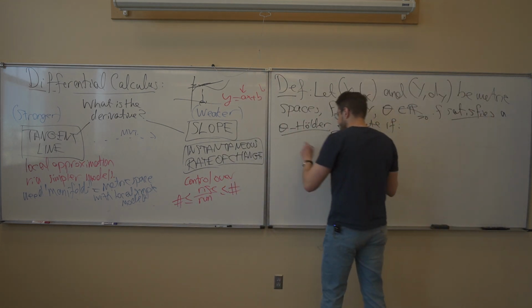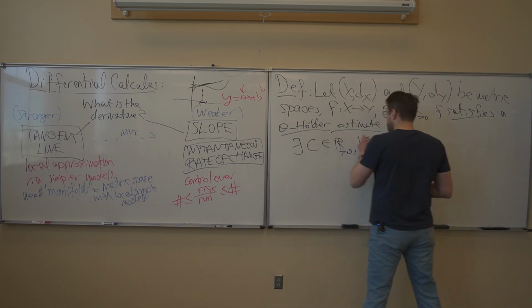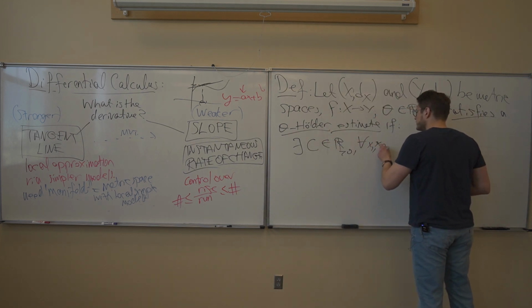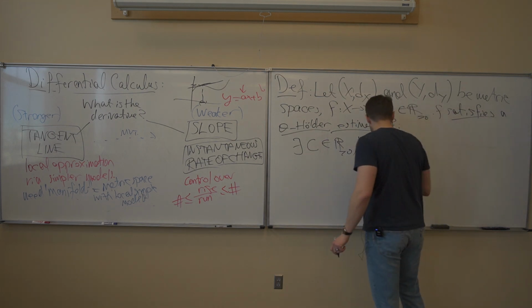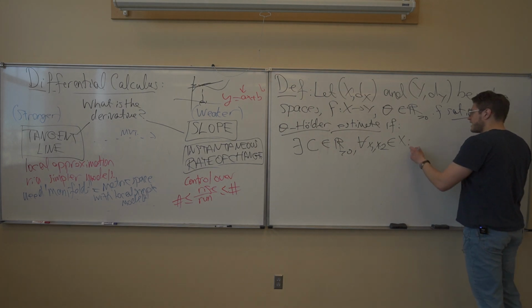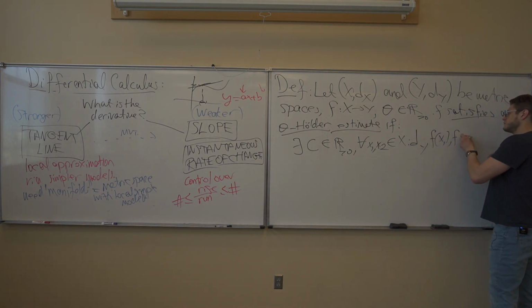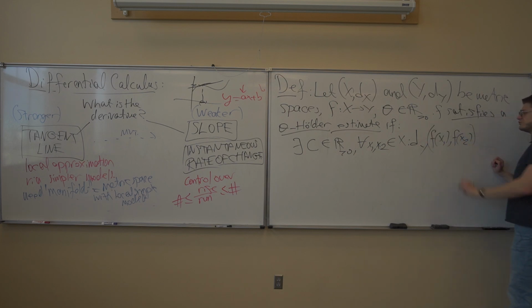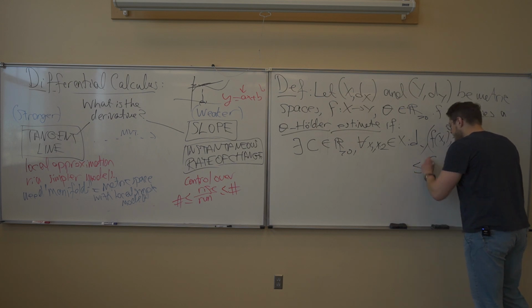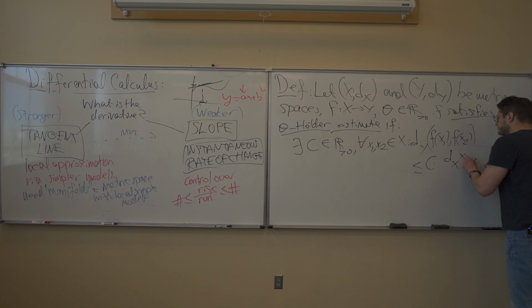If there's a number c such that for any 2 points in x, I have that the distance between images of these 2 points under f is bounded by c, this constant, times the distance between them to the power theta.